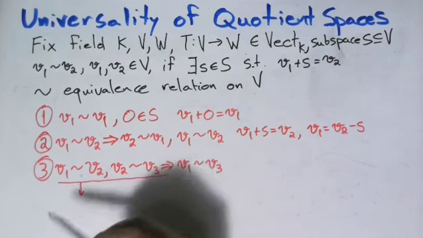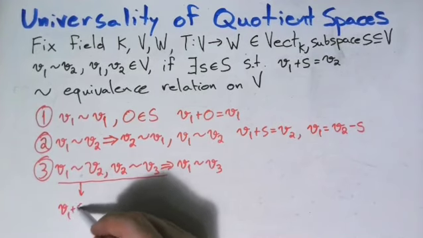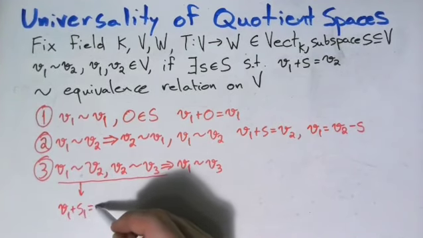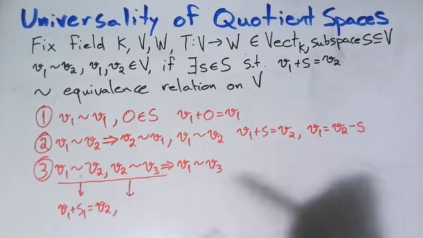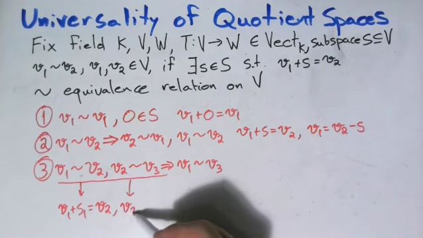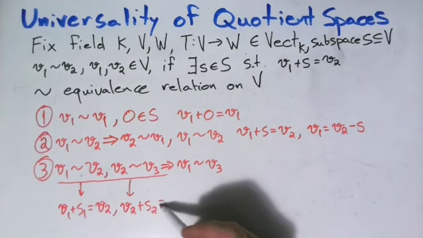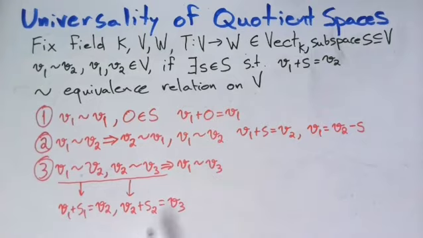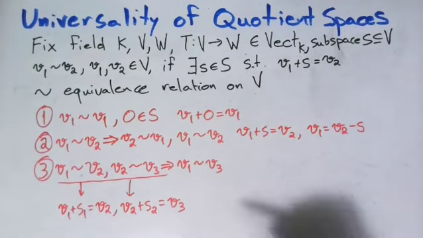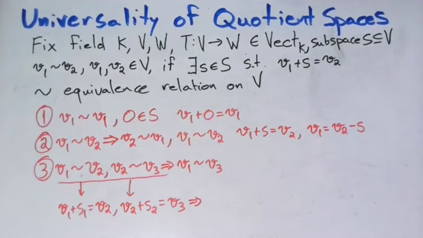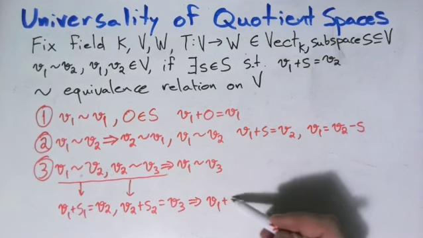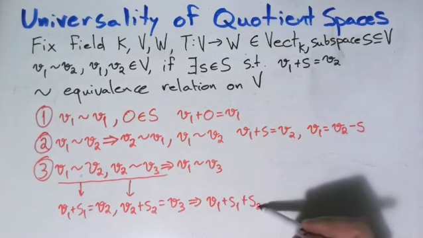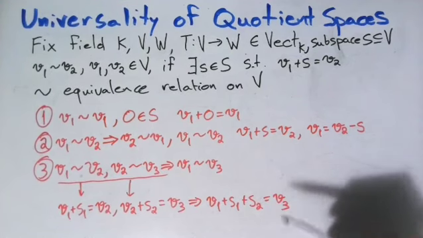Well then we have v1 plus s1 equals v2 for some s1 in S, and we have v2 plus s2 equals v3 for some s2 in S. And if that's the case, then we can substitute this v2 into this formula to get v1 plus s1 plus s2 is equal to v3.